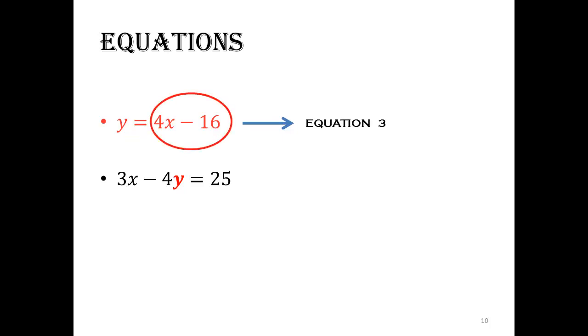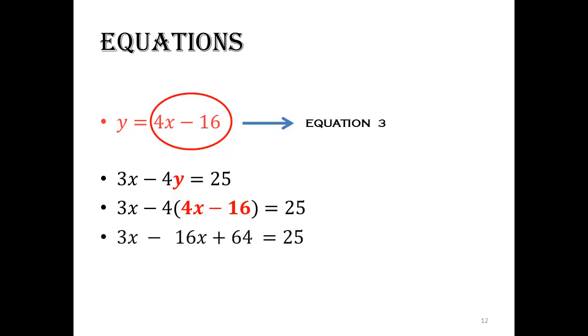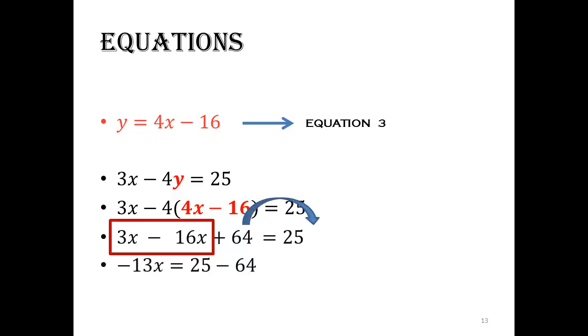So we plug it into equation 1 and after some simplification, in this equation 3x and minus 16x are like terms, they will give us minus 13x, and when shifting 64 to the right hand side we will get this result.